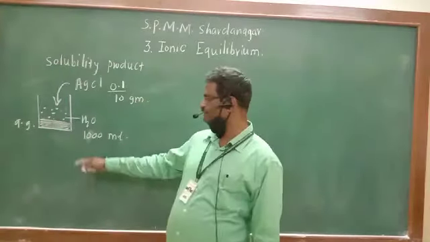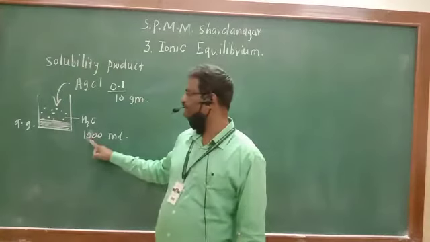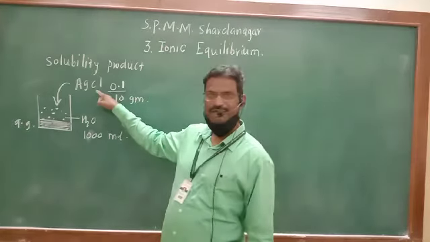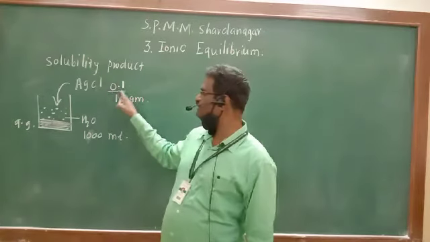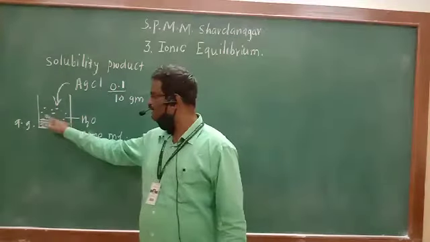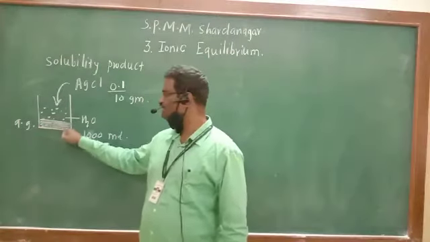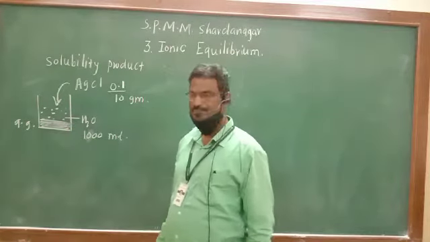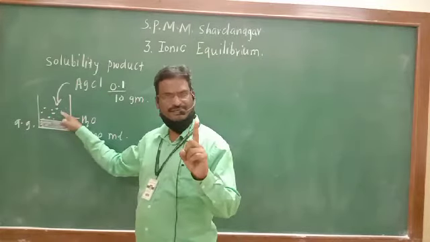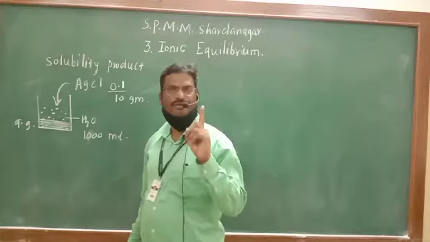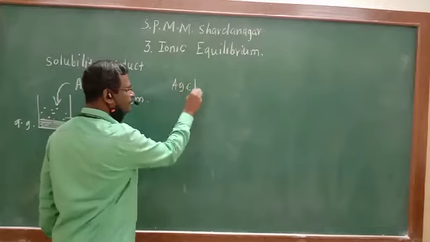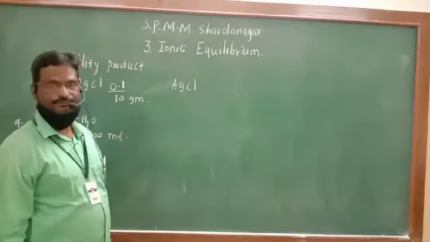Consider the experiment in which we have taken 1 liter of water. To that 1 liter water, 10 gram silver chloride is added. Out of that 10 gram, just 0.1 gram silver chloride is dissolved and the remaining 9.9 gram will settle down at the bottom. Whatever AgCl is dissolved here, we know that AgCl is a salt, and salts are always strong electrolytes that undergo complete dissociation.